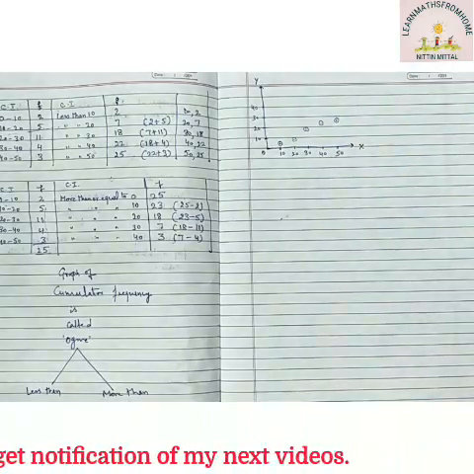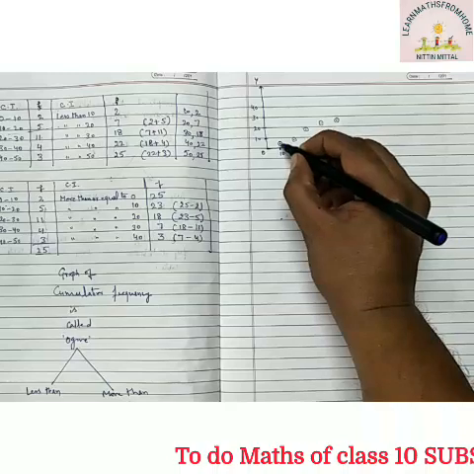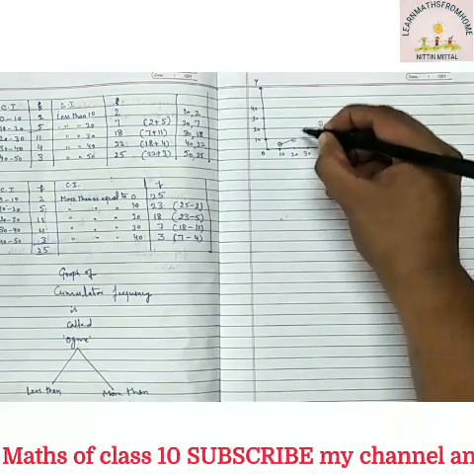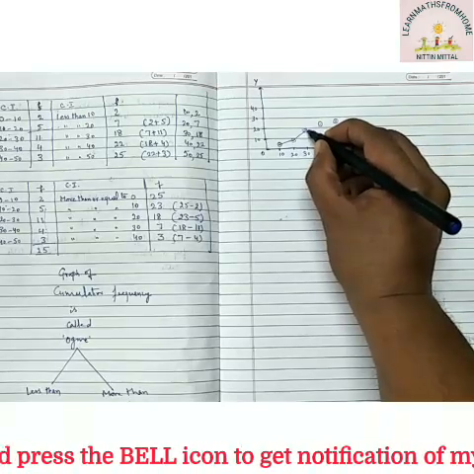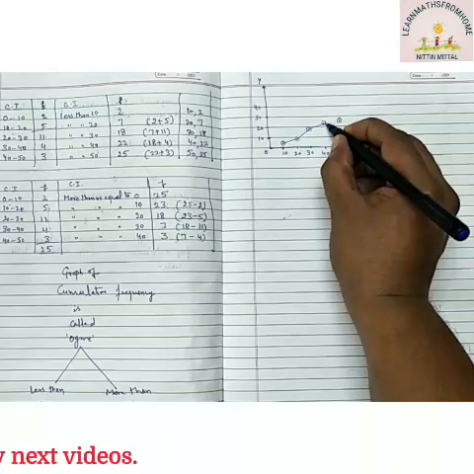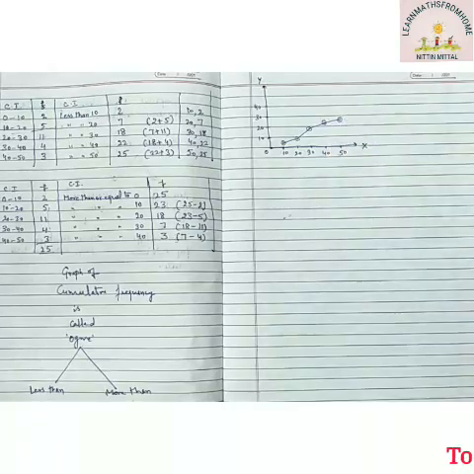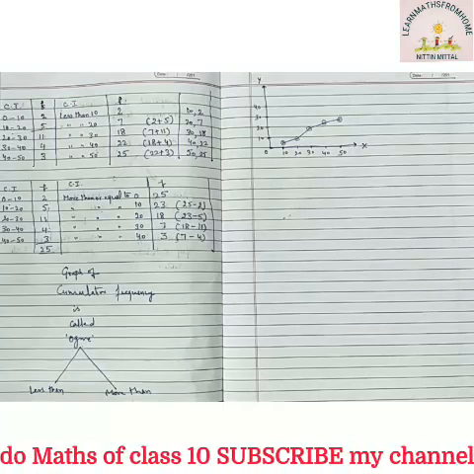Right? So what you are supposed to do next, you are supposed to join these points with free hand. So we'll join it. You can use scale, and using scale you can join 2 points at one time, and like this you will draw the curve. So this is less than ogive.